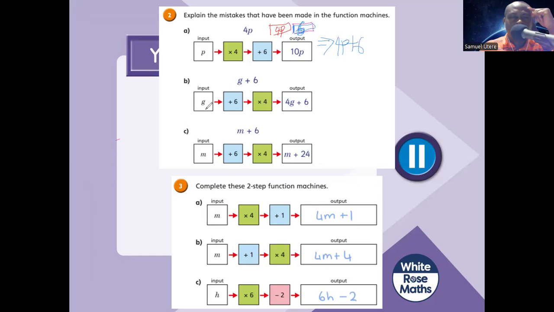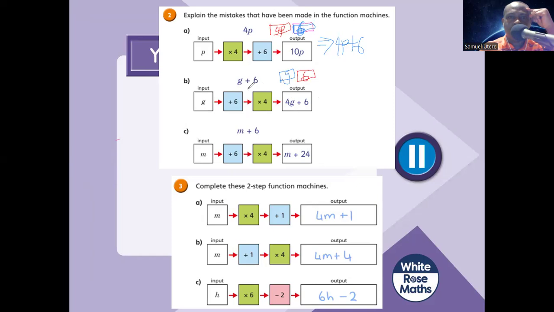Here we have g plus 6. Yeah, that's fine. G plus 6. But now we're having 4 lots of g plus 6. Right? So it's not going to be 4g plus 6. So if we were to write this out, this is like saying we have a block that is g, and then we have another block that is 6, and then we're going to be having 4 lots of that.